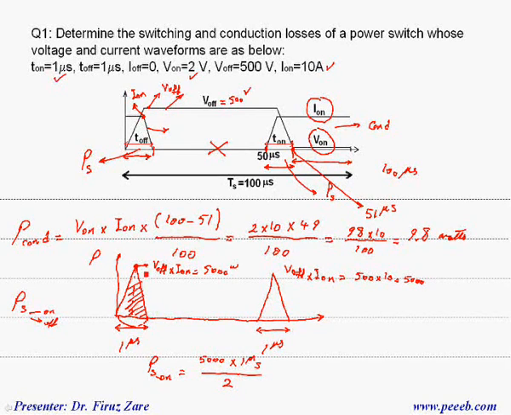That's the energy divided by switching cycle, which is 100 microsecond. So in this case, we have 50 over 2 or 25 watt.